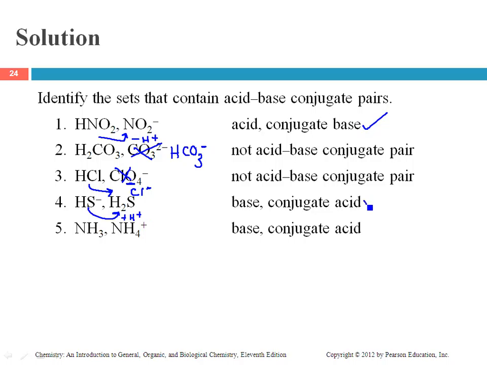So this one is the base conjugate acid pair. We learned that amines are bases, so this is a base. So it's going to accept a proton or gain a hydrogen ion, to produce ammonium. So this is very common. You'll get used to doing this one a lot, and for practice, coming up with ammonium as your conjugate acid.